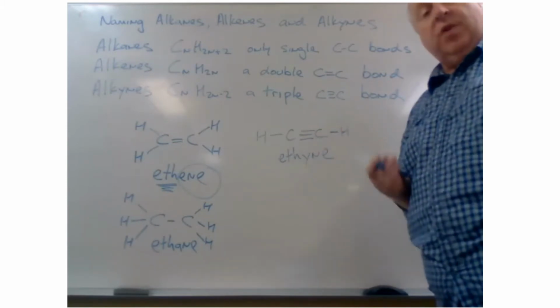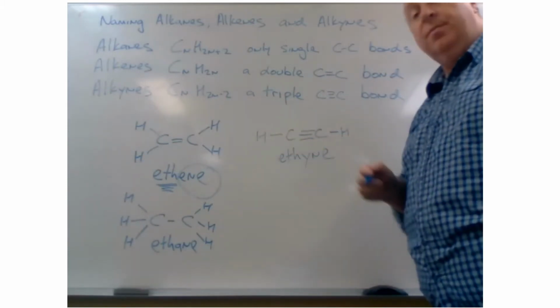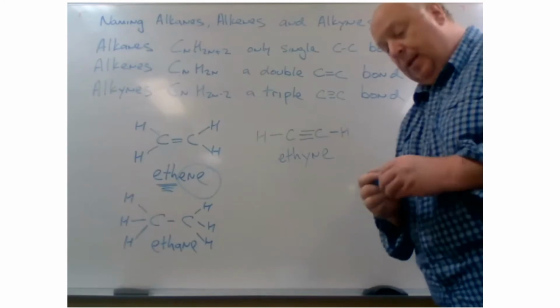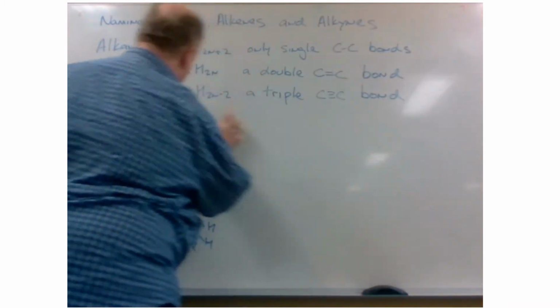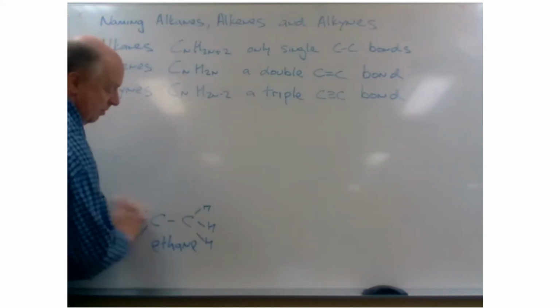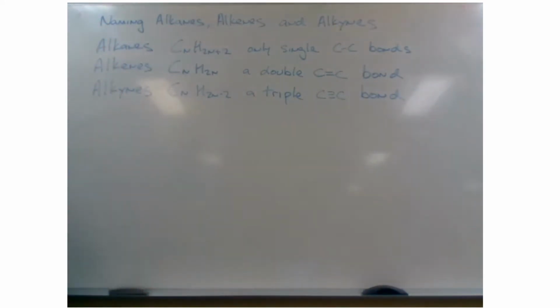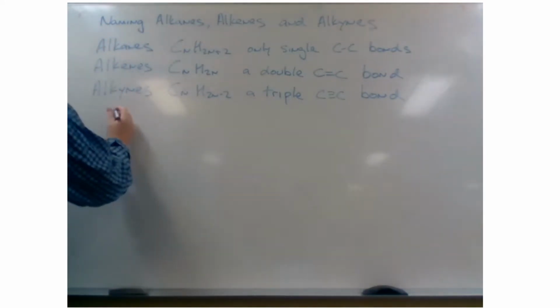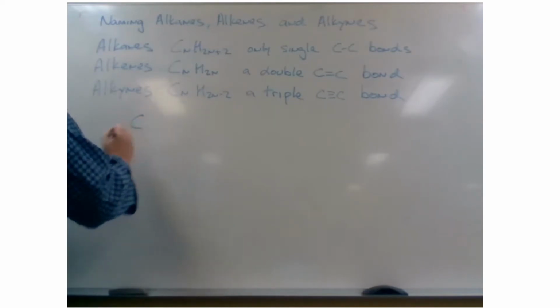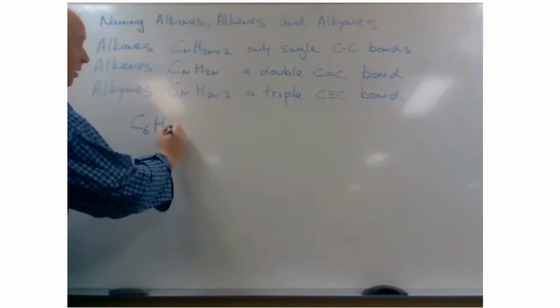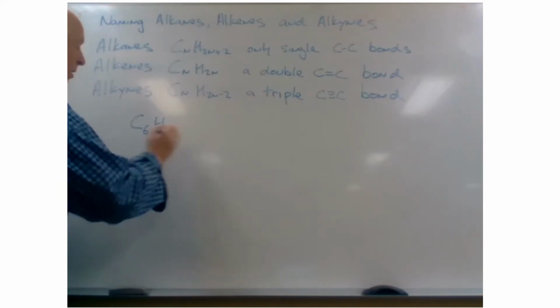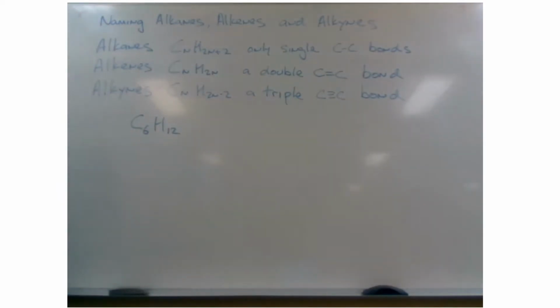Okay, so naming these straight chain hydrocarbons is pretty trivial. Let's give you an example. Let's draw and name the structure for the formula C6H12.